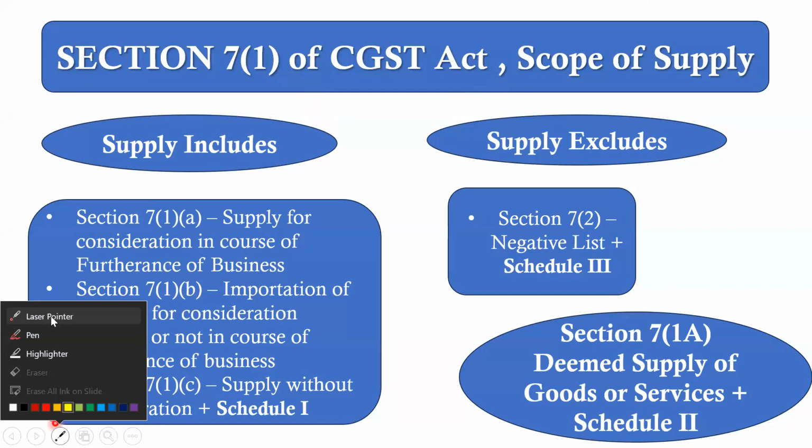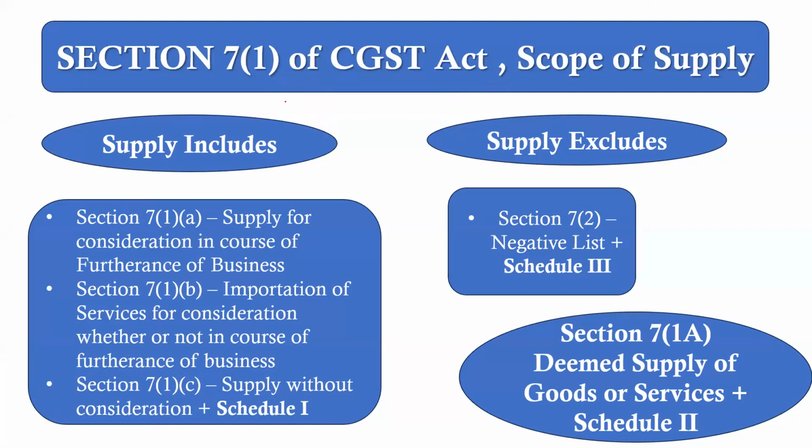Here one has to understand what it includes, what it excludes, and the other part of it, that is, what exactly is assumed or deemed to be supply.